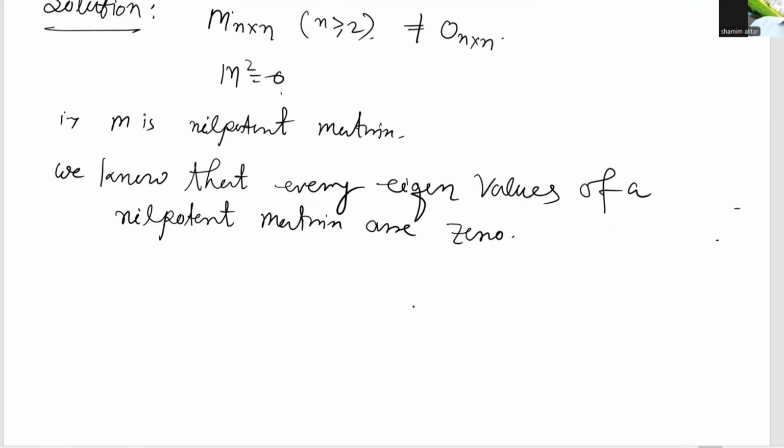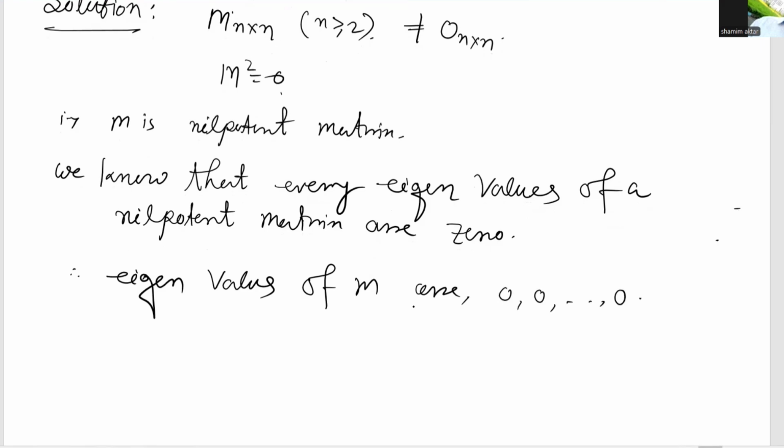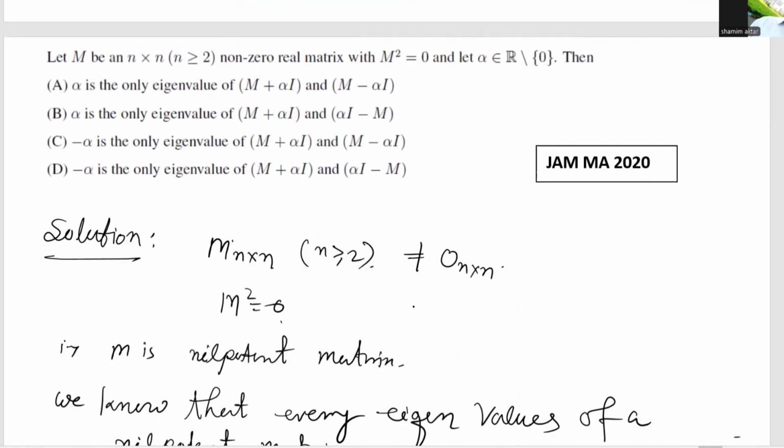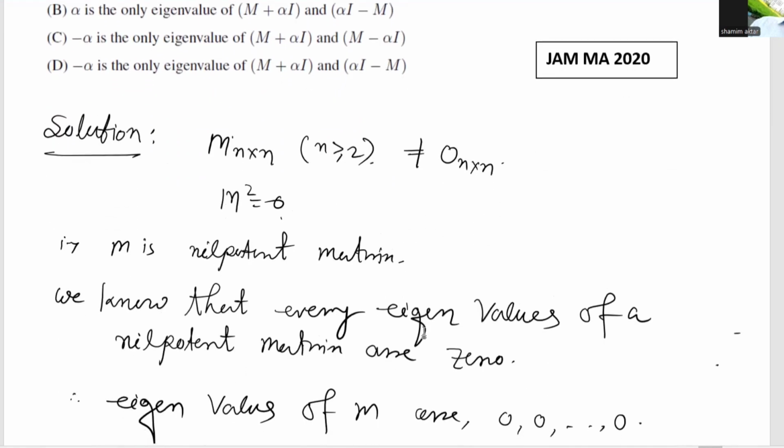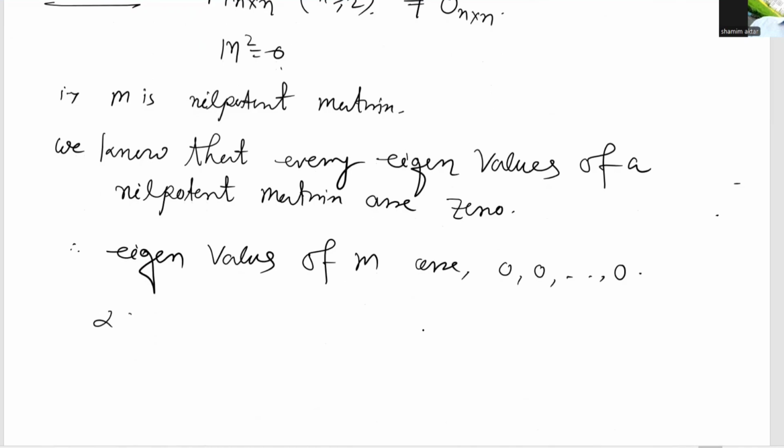So here the eigenvalues of M are 0, 0, dot dot, 0, n times 0, okay. So now here alpha belongs to R minus 0.